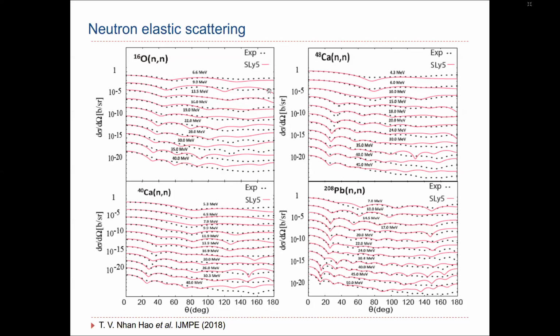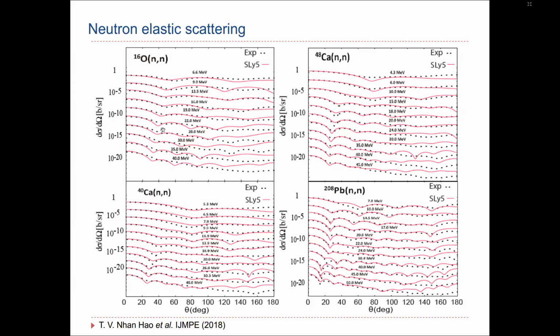If I knew, I could publish more papers. For lead-208, the result is better than oxygen-16. Then I can understand that the mean field approach works very well for heavy nuclei.